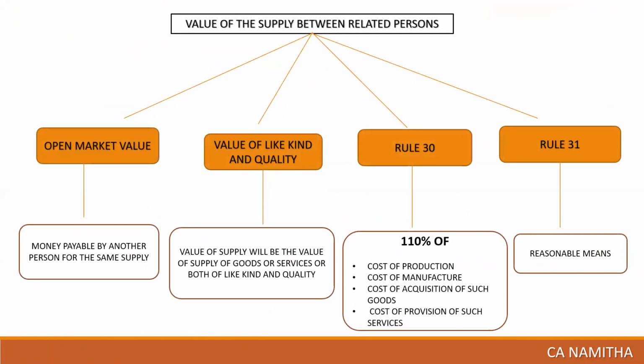Now, the main question which arises is, as we have already dealt with the categories and examples which are treated as related persons, what is the value of supply between these related persons? Well, it is open market value.